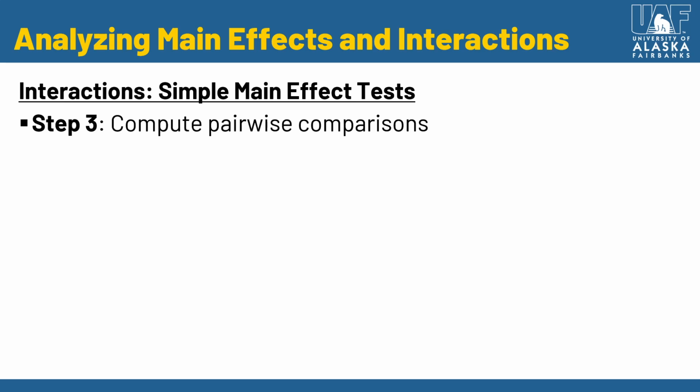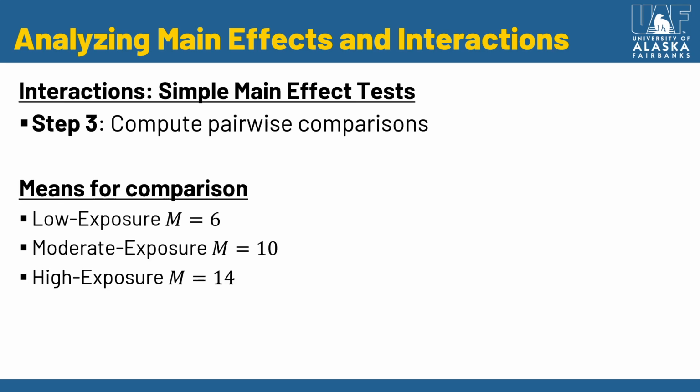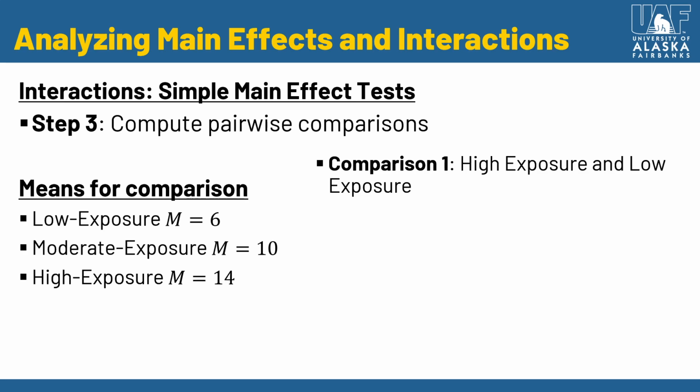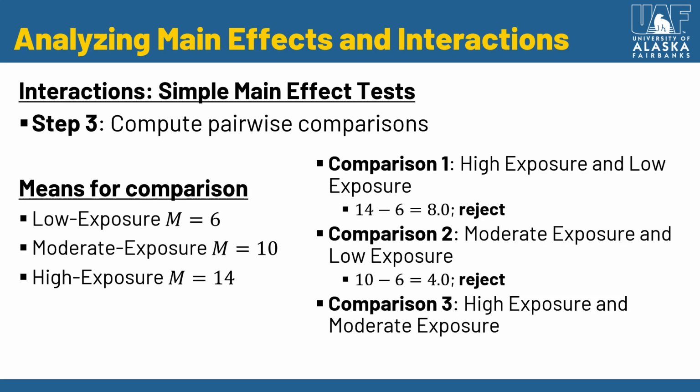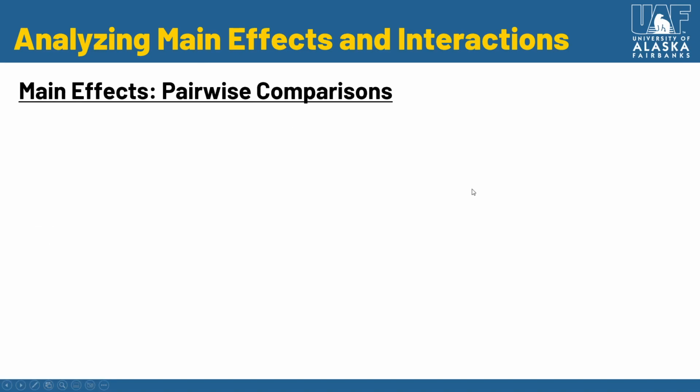Now if we wanted to go even further, we could compute pairwise comparisons. These are similar to everything we've done before. I don't think I'm going to ask you to do this in the practice exercises, so we can avoid all the nitty-gritty conversation about this.